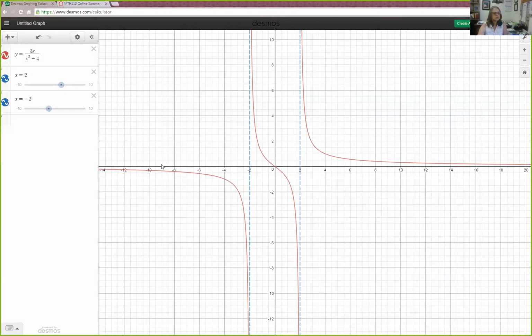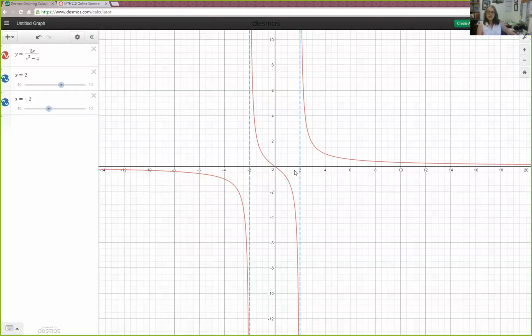Now there's also a horizontal asymptote. This horizontal asymptote is at the x-axis. Functions that have numerators of lower degree than the denominators will always have horizontal asymptotes at the line y equals 0, otherwise known as the x-axis.